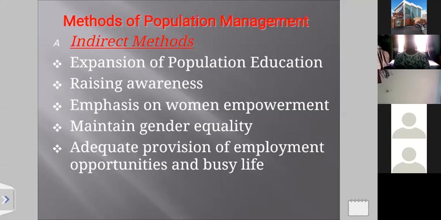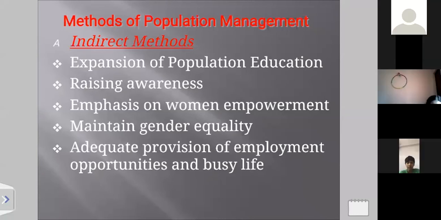Okay, Mr. Vinit, your friend Ellis Acharya shared his view on the first indirect method, expansion of population education. The second indirect method is raising awareness. Please share your view, your thought and your opinion about the second indirect method of population management.